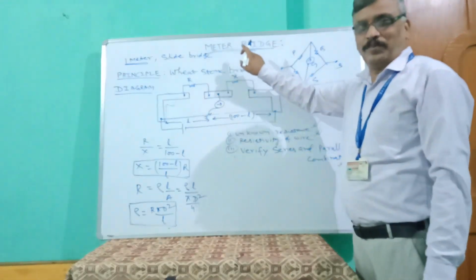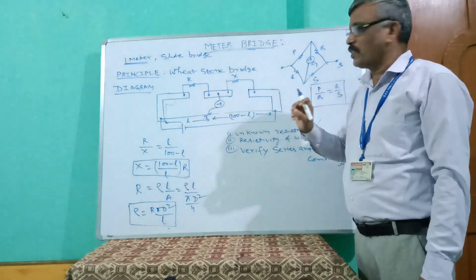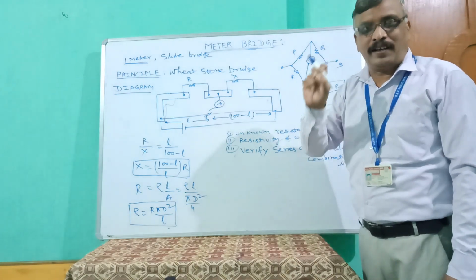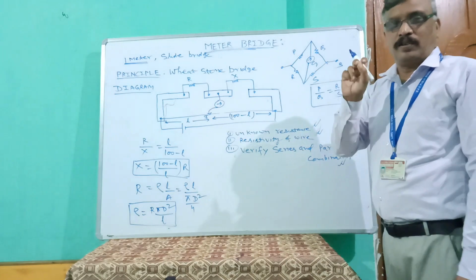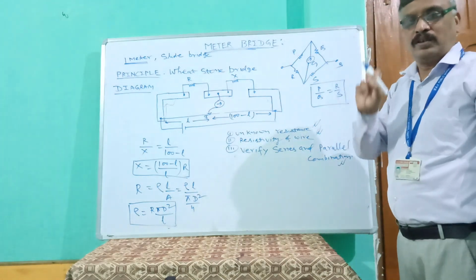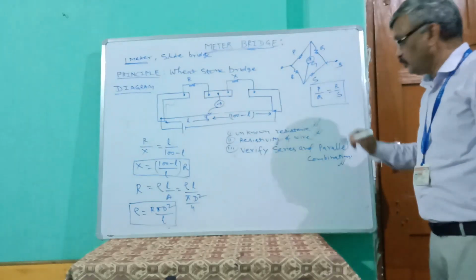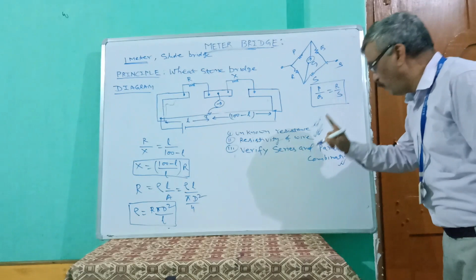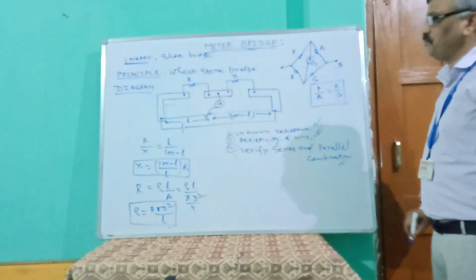The topic of this chapter is meter bridge. Meter bridge is basically a practical application of Wheatstone bridge, with the help of which we determine unknown resistance, resistivity of the wire, and verify series and parallel combination.